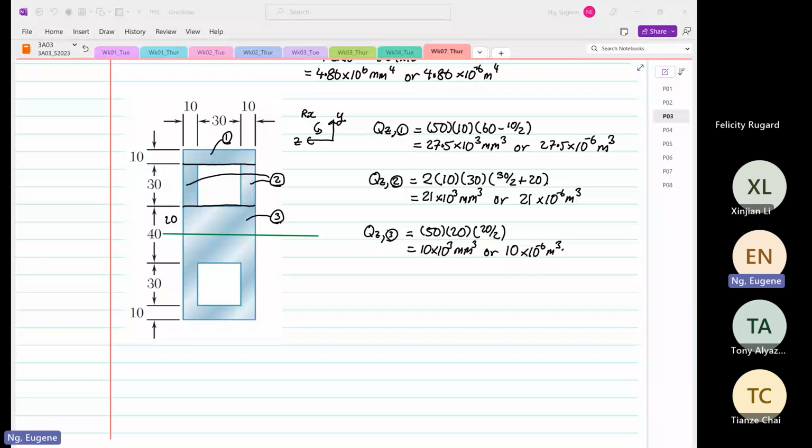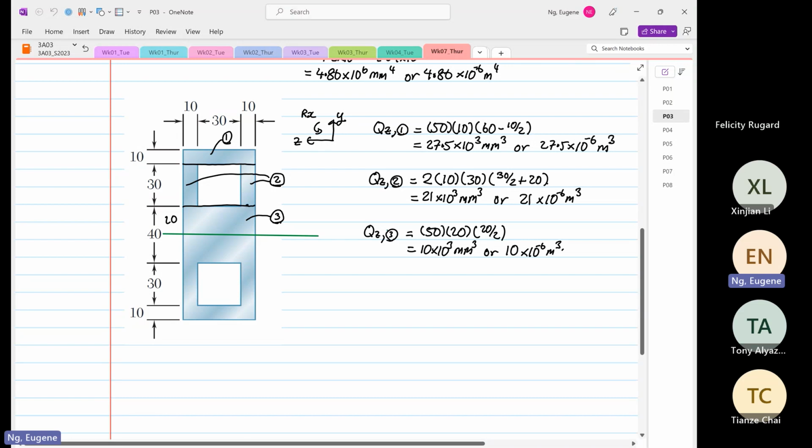Okay, so we have calculated our first moment of area of section 1, section 2, section 3. So I'm going to label this point as point A, and then we are going to find it at our centroid.